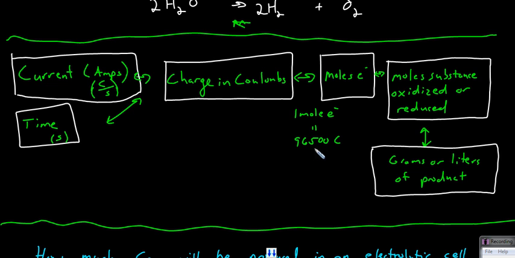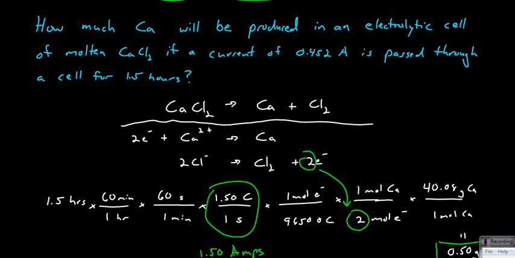So we can use this to solve a problem such as this. How much calcium will be produced if an electrolytic cell of molten calcium chloride with a current of 0.452 amps is passed through a cell for 1.5 hours?